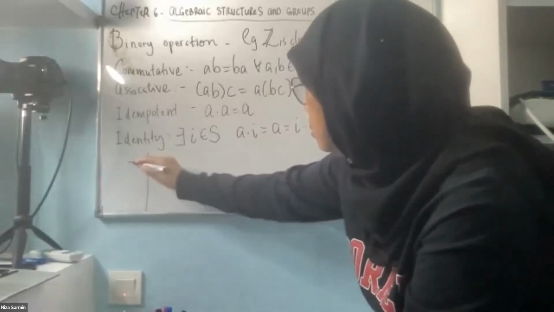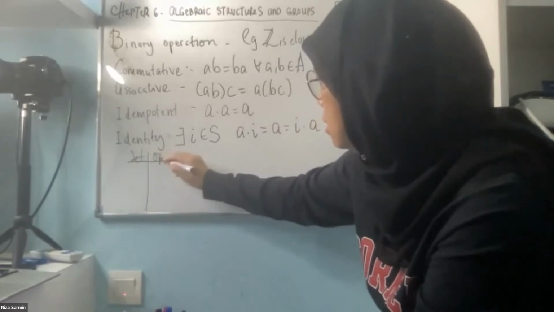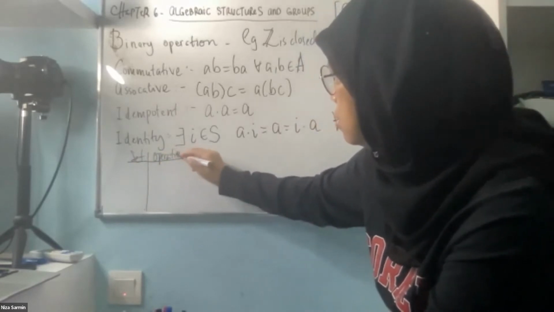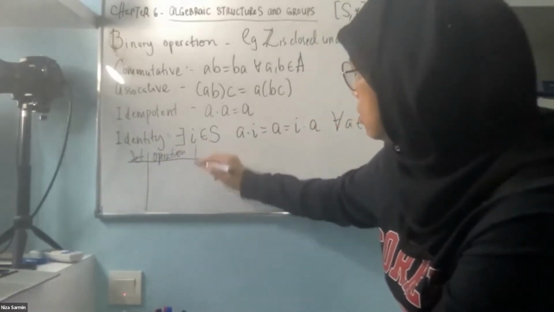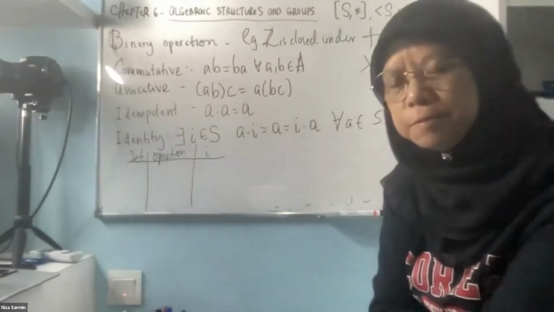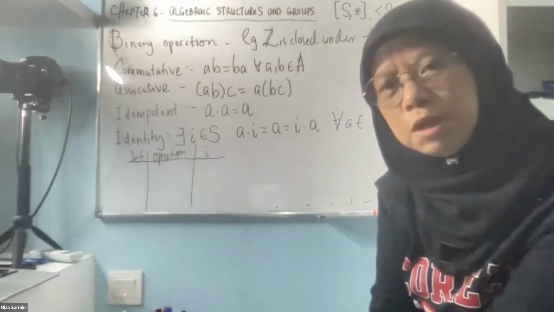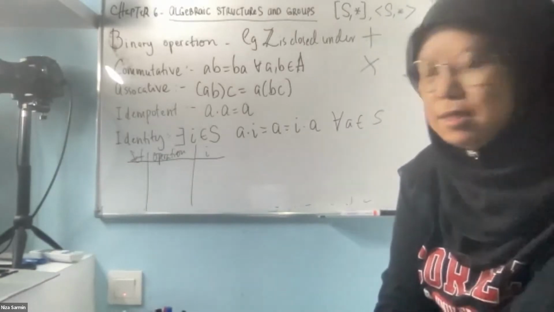I will give you the set and the operation. You think, and then you give me the identity. Sometimes a book uses E; later on in a group, normally we put E as the identity.